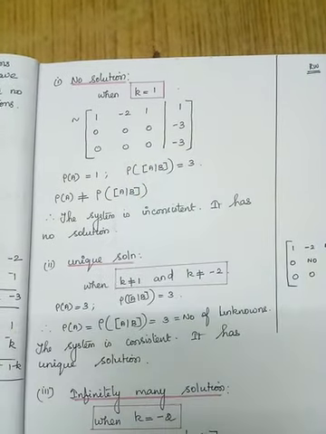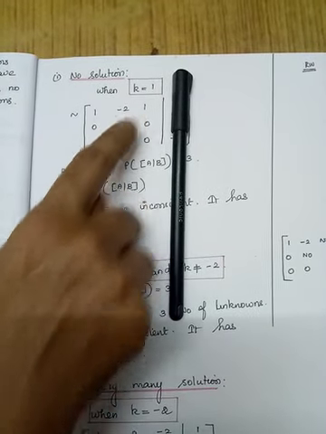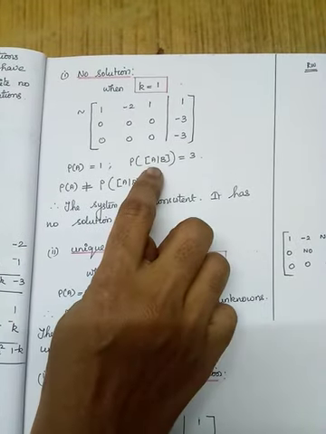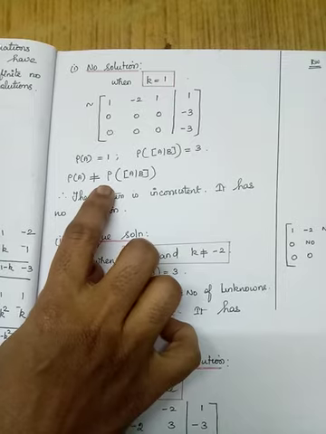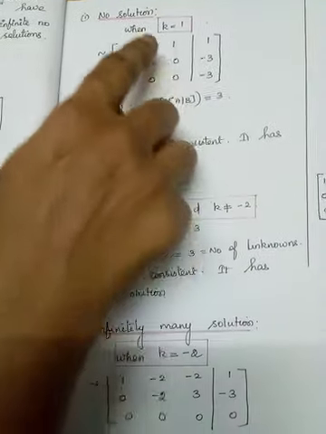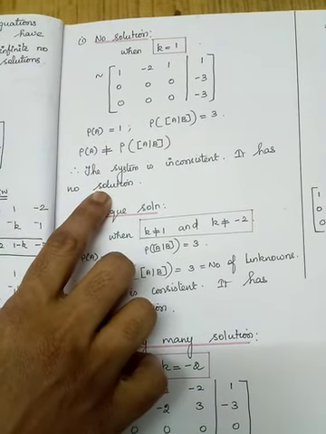But by hiding the fourth column, what is rank of A? Rank of A is equal to 1. On seeing the whole augmented matrix, what is rank of AB? It is 2. So how are they? They are not equal. So the system is inconsistent. It has no solution. Under what value? When k is equal to 1, the system has no solution.